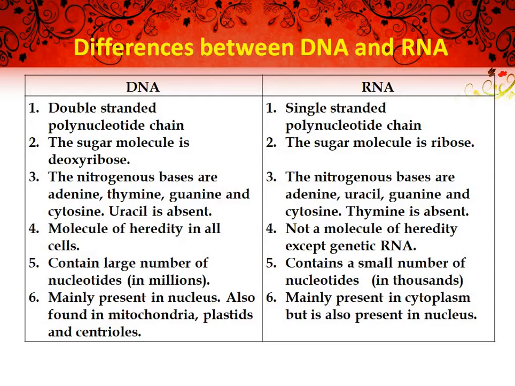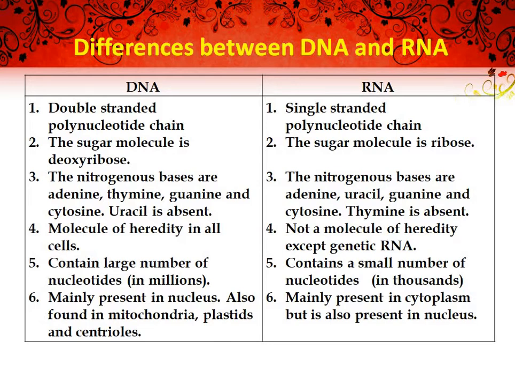DNA forms the main hereditary material in all the cells starting from the prokaryotes to eukaryotes. Whereas RNA is not a hereditary material in the prokaryotes and eukaryotes, but in some RNA viruses, it acts as the genetic material. Now, the DNA is composed of millions of nucleotides, whereas RNA is comparatively smaller and the number of nucleotides are in thousands.